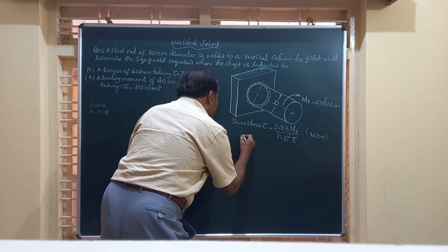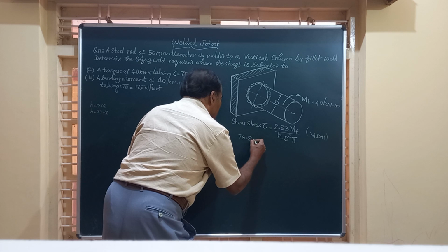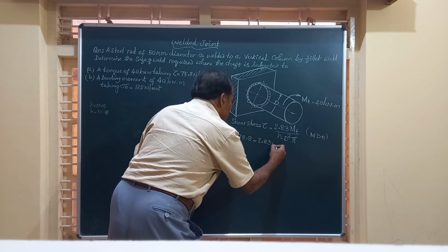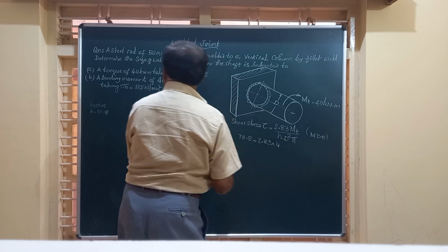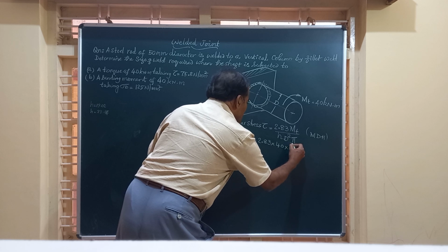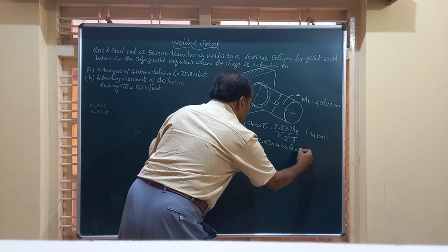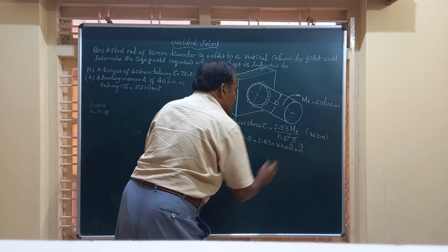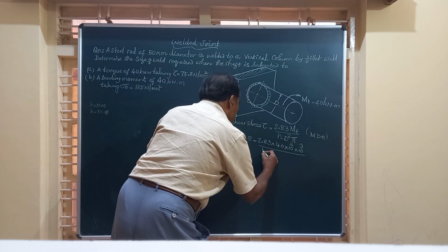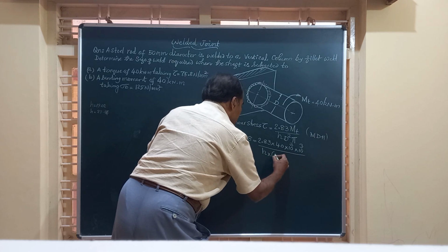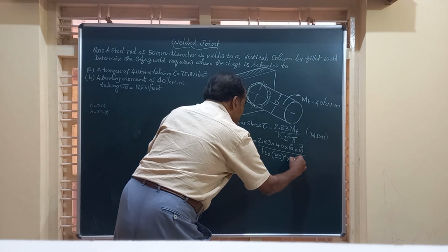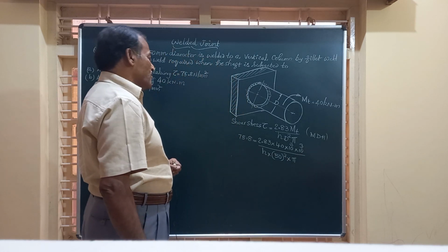That is, 75.8 is the value of tau, equal to 2.83 multiplied by MT, which is 40 into 10 to the power of 3 into 10 to the power of 3 to convert to Newton millimeter, divided by h, to be found out, diameter square is 50 mm square, and the value of pi is 3.14.